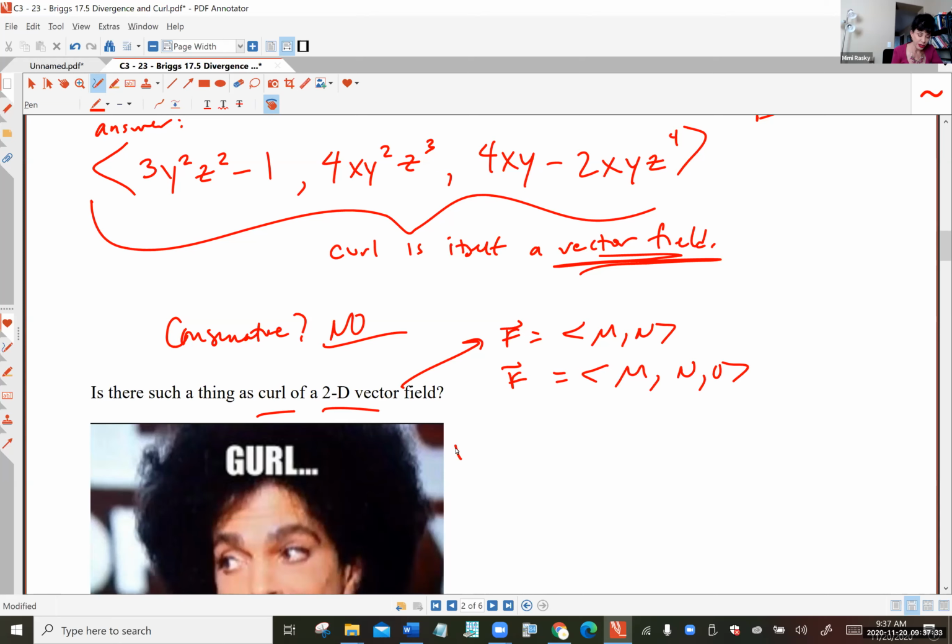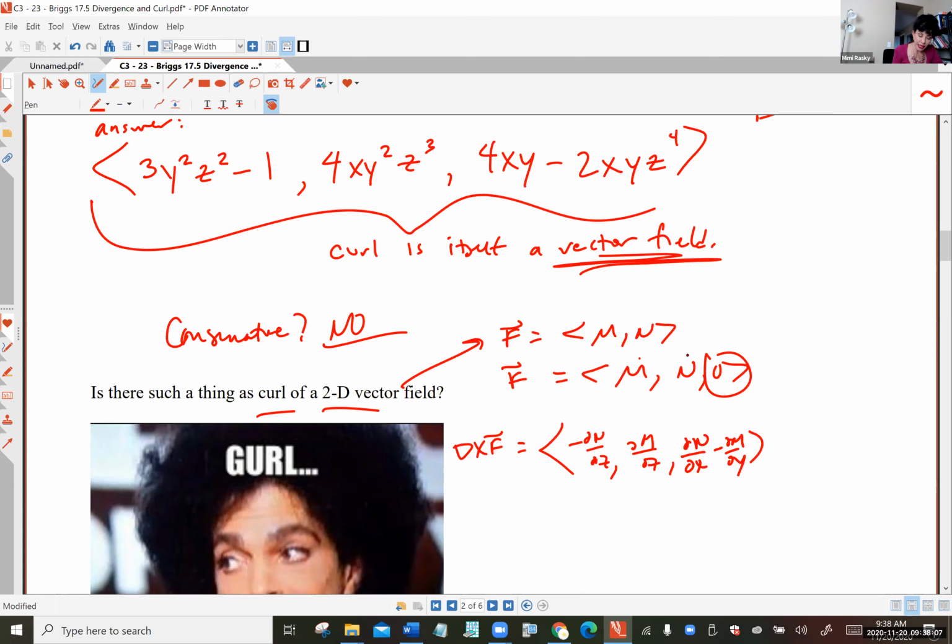So when they do this cross product, they end up with negative dN/dz, dM/dz, and so on. Some of these are zero because this guy's zero. And then this last guy ends up being dN/dx minus dM/dy.